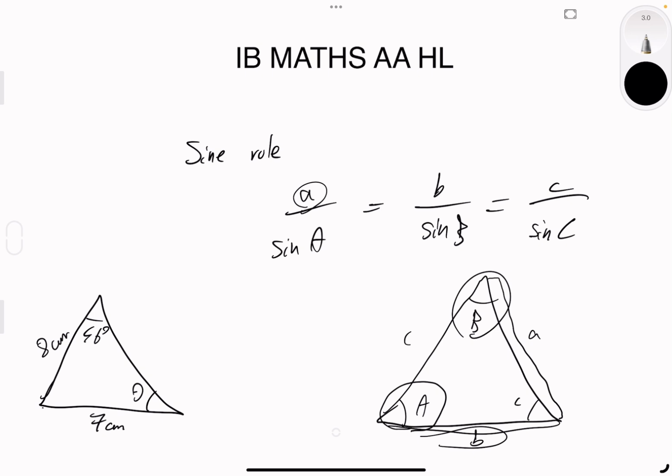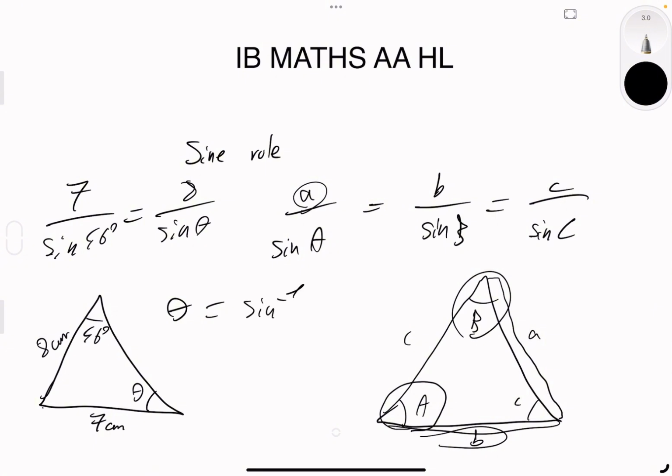Using sine rule, we'll be able to find this angle theta, because 7 centimeters over sine 46 is equal to 8 over sine theta. So if you rearrange this, you can see that theta equals sine inverse of 8 sine 46 degrees over 7.